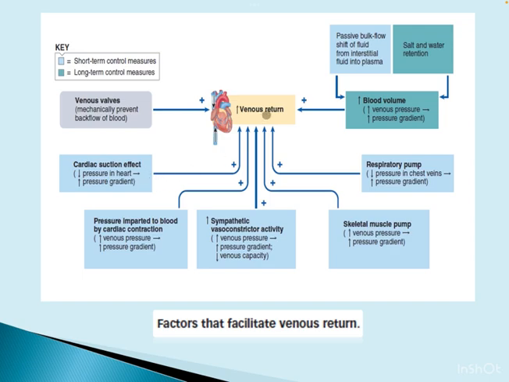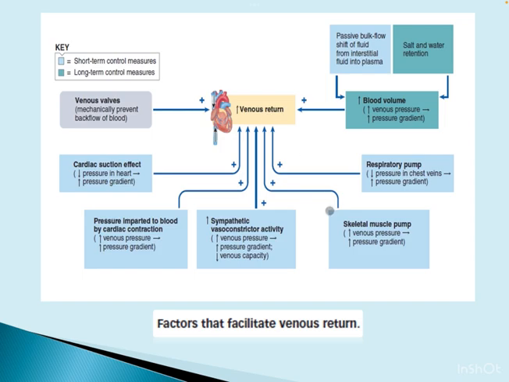The last factor that also affects the venous return is the increase in blood volume, which is due to salt and water retention and passive bulk flow of fluid from interstitial fluid into the plasma. With the increase in blood volume, there is an increase in venous return, increase in end diastolic volume, increase in length of the ventricle, and then increase in the force of contraction, thereby enhancing the stroke volume.